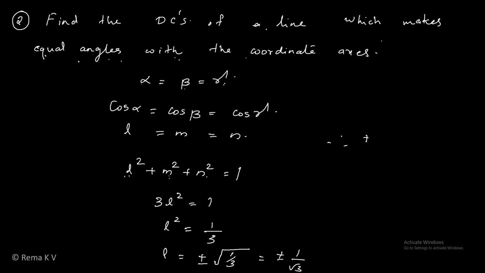Therefore, the direction cosines are plus or minus 1 by root 3, plus or minus 1 by root 3, plus or minus 1 by root 3. All L, M and N are equal. Is it clear?